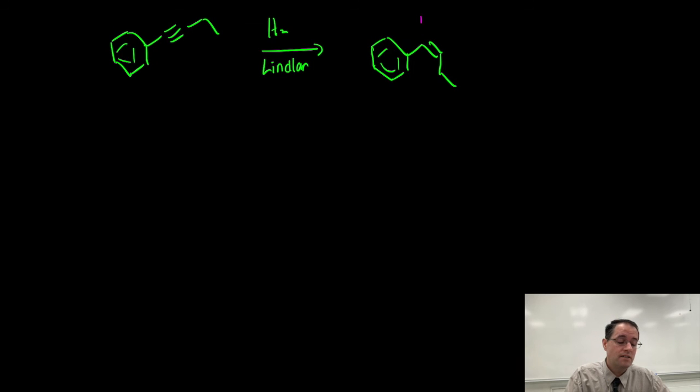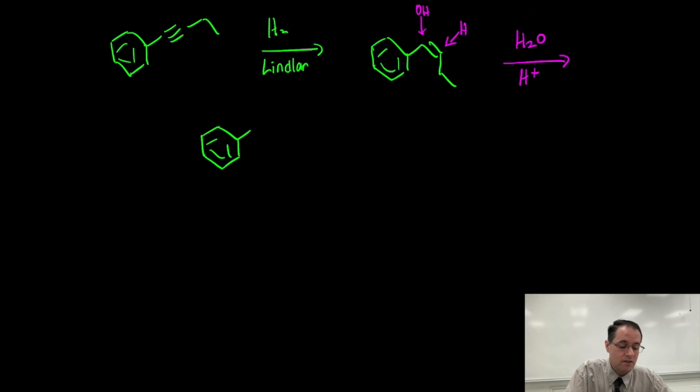Now I want to add water to this, okay? I want to add OH here, and I want to add H here. And you might be thinking, well, the one on the left is secondary, and the carbon on the right is secondary. Good luck with that. But actually, the one on the left is benzylic, and the carbocation there is going to allow water to add to this extremely selectively to give the desired alcohol at the benzylic carbon.